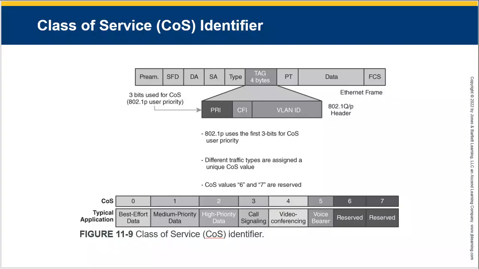Now this diagram shows how 802.1q and 802.1p tagging are going to work inside an Ethernet frame to support VLAN traffic and quality of service. The Ethernet frame has been extended to include this 4-byte 802.1q tag.